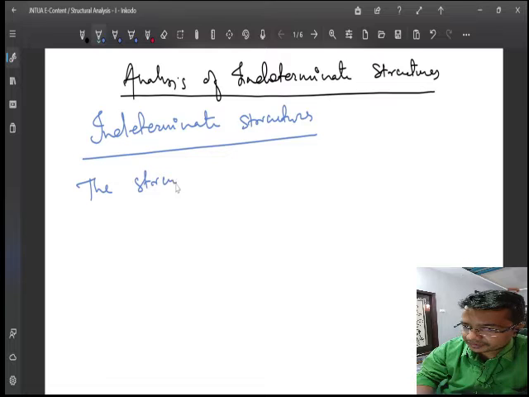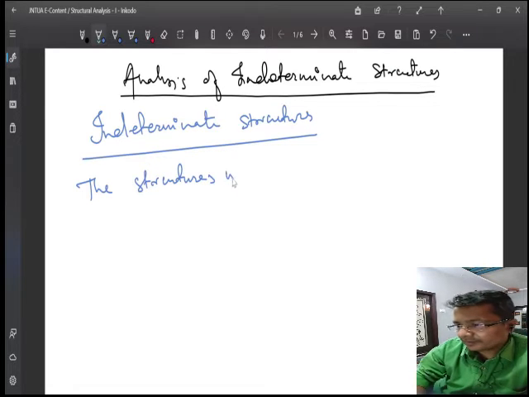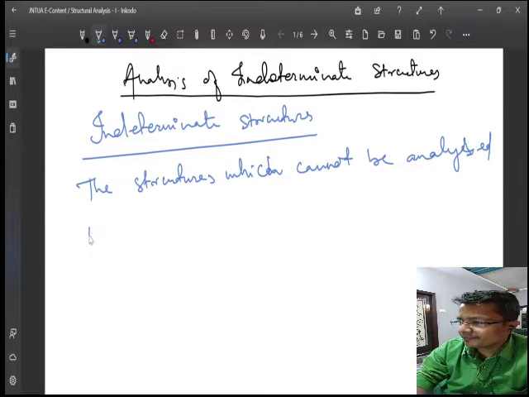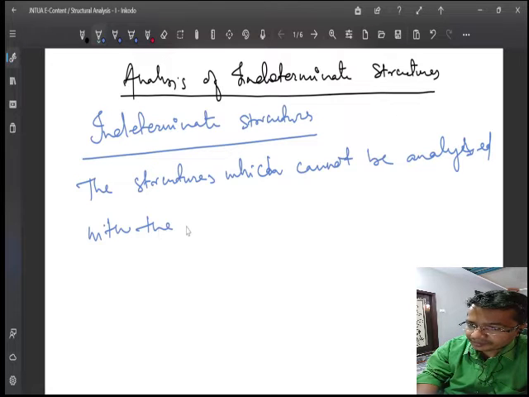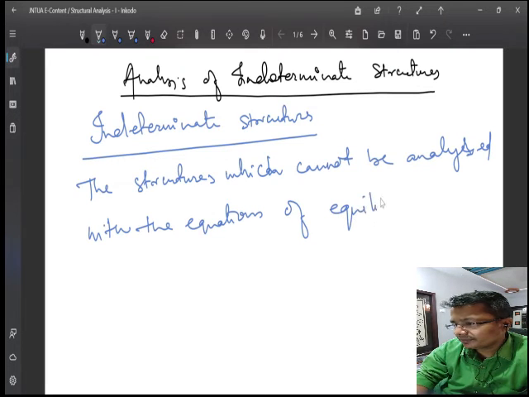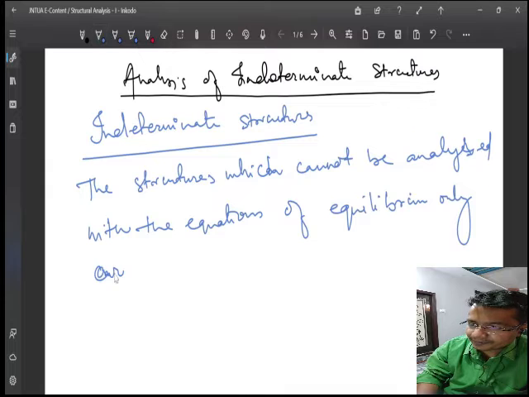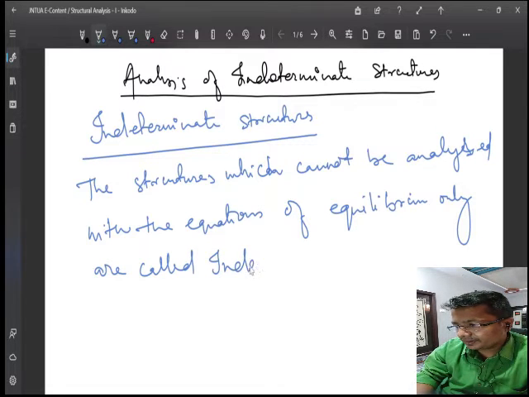The structures which cannot be analyzed with the equations of equilibrium only are called indeterminate structures.